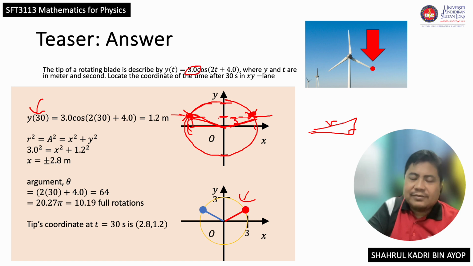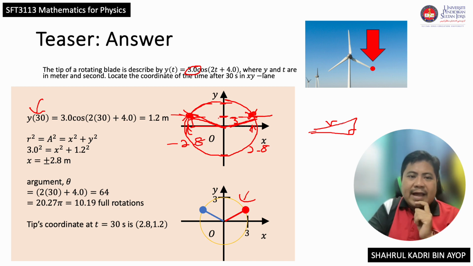This is the amplitude or radius of the circle. Then we get x equal to plus or minus 2.8. Why plus or minus? Because it is a square root, so we do not know whether it is 2.8 here or negative 2.8 here.